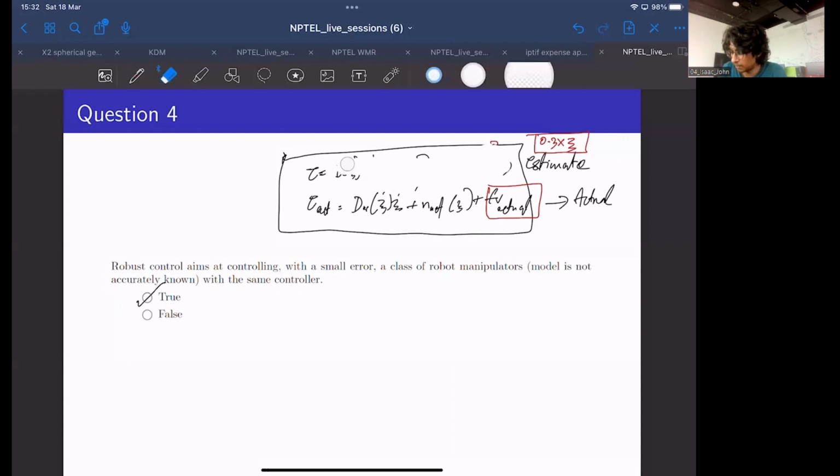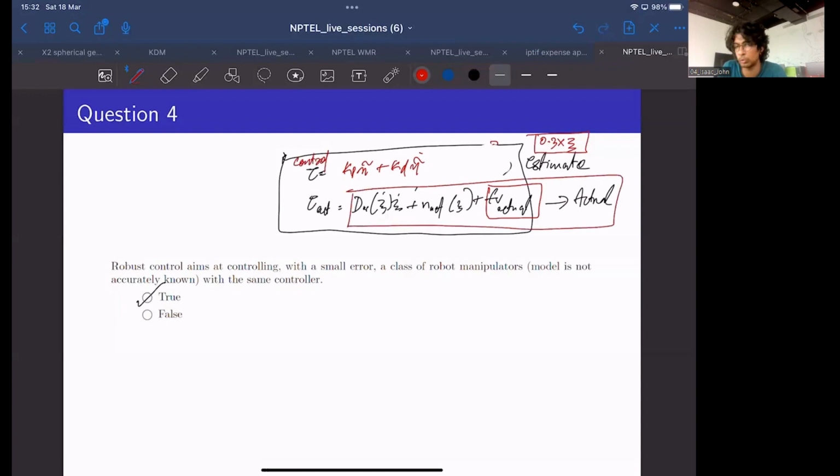If you are using a purely feedback system without any model, it will look something like Kp eta tilde plus Kd eta tilde dot. So the controller input and how the actual dynamics of a robot would behave are of entirely different structure. Even as of now, it has different models and different structures as well. I hope this is clear.